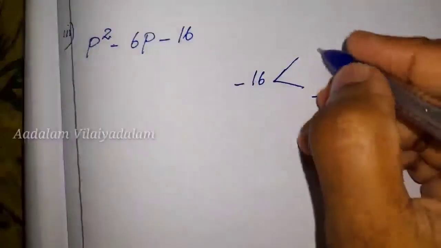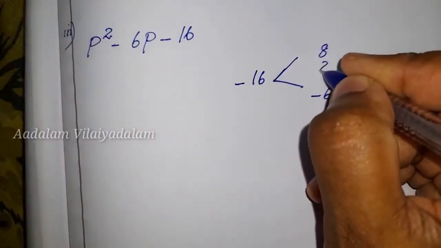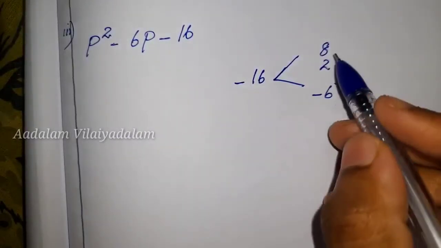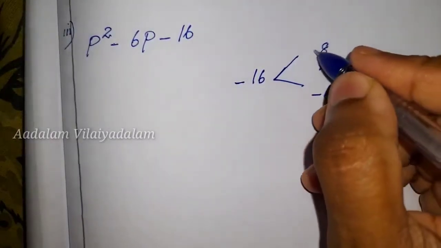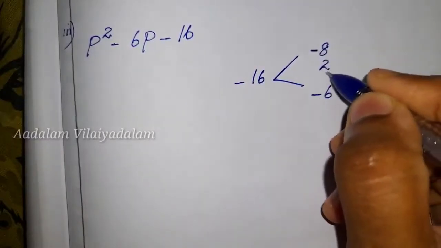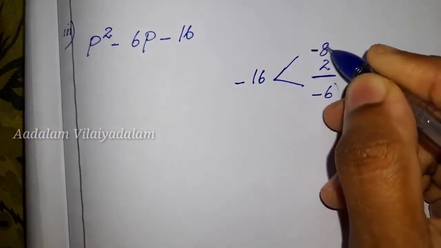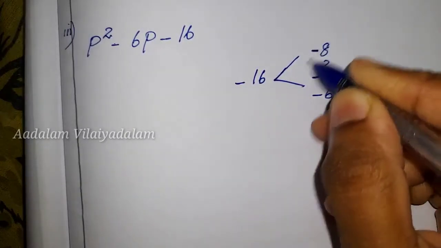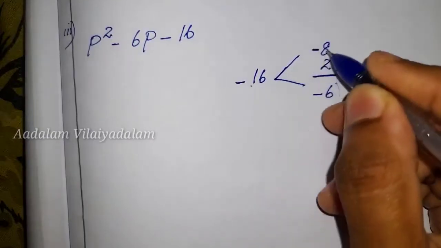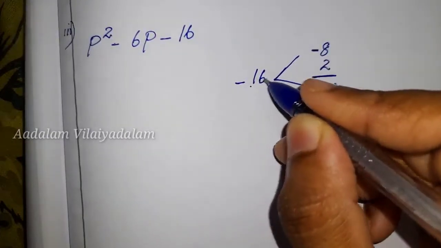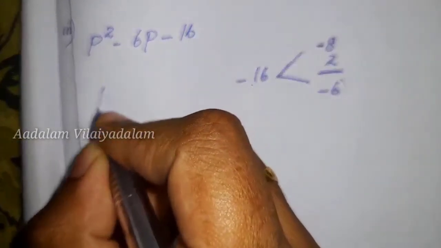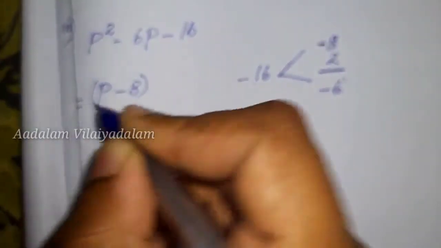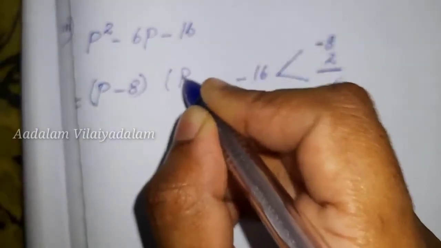Here 8 times 2 is 16, but here we need minus 6, so put the greater number with the minus sign, that is minus 8 plus 2, the answer is minus 6. Now plus into minus is minus, 8 times 2 is 16. So the factors are p minus 8 and the second one, p plus 2.